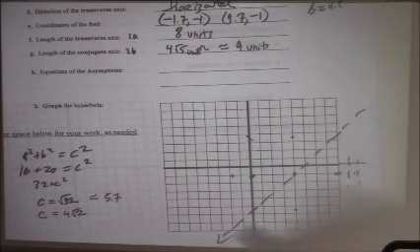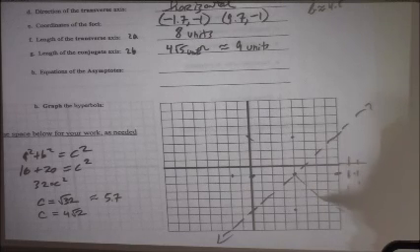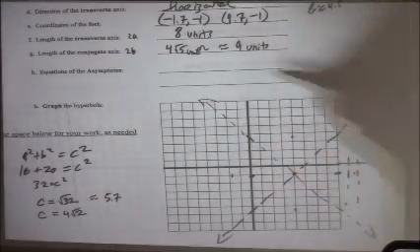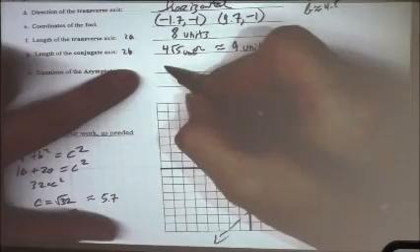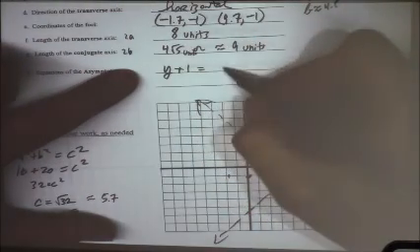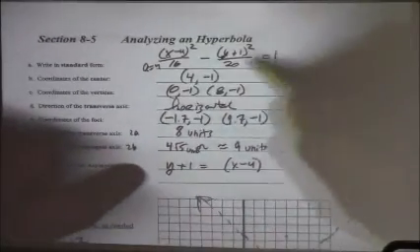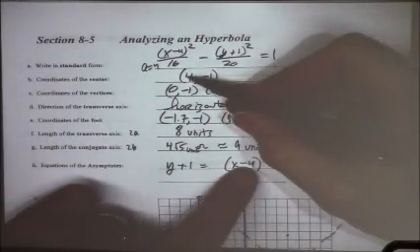You don't actually have to put the dashed lines around it. It doesn't hurt to; sometimes you avoid a mistake. But be very, very careful. So those are the asymptotes. The equation is going to be y + 1 equals, and I'll put the slope in a moment, x - 4. I'm getting that by y - k from the center and x - h from the center.